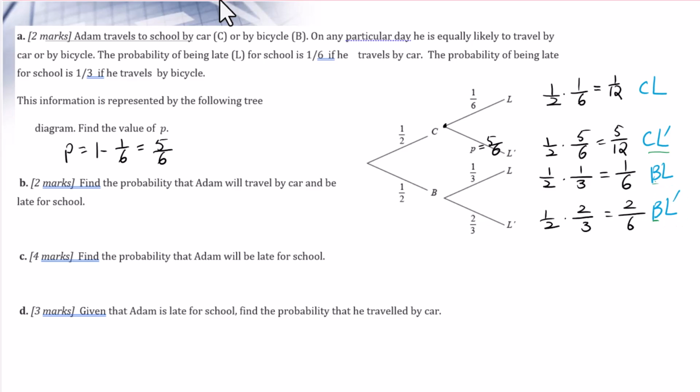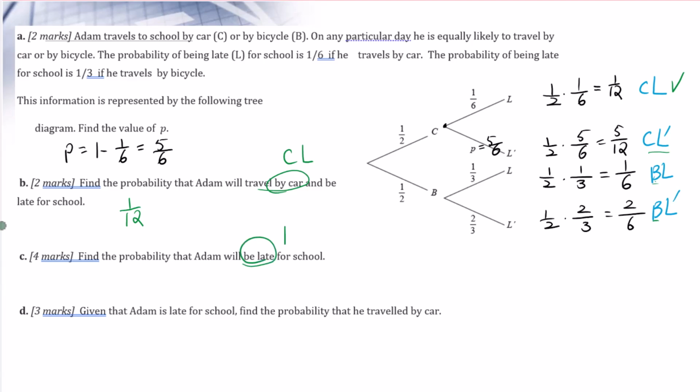B. Find the probability that Adam will travel by car and be late for school. By car, C. Be late for school is L. So CL is 1/12. C. Find the probability that Adam will be late for school.